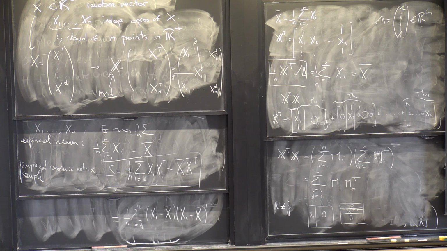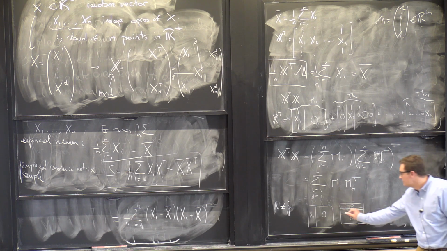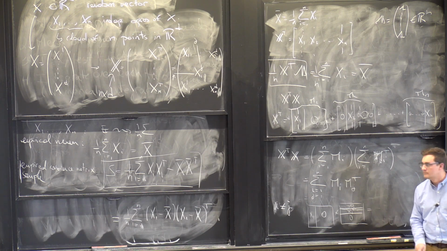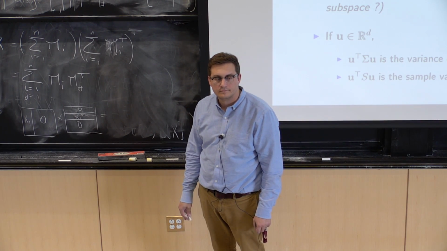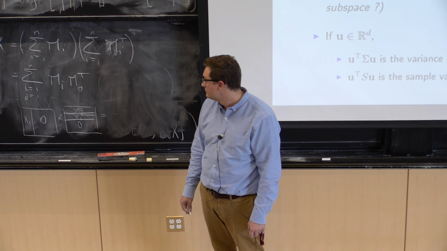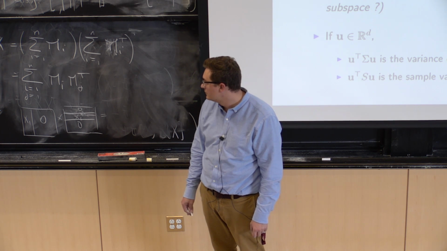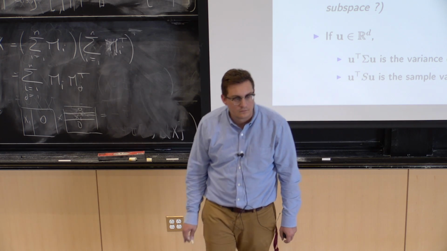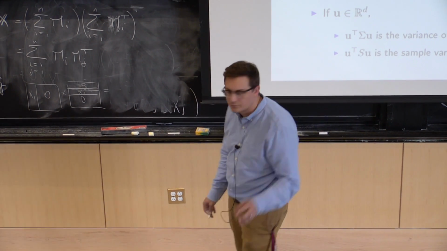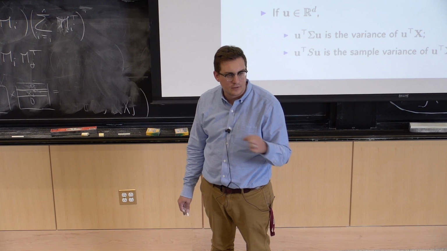So what is the product between those two matrices? It's like a dot product between x1, x2 transpose. You mean a dot product is just going to be one number, right? So this is going to be a matrix.